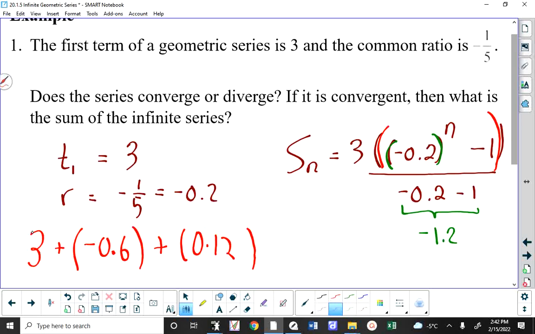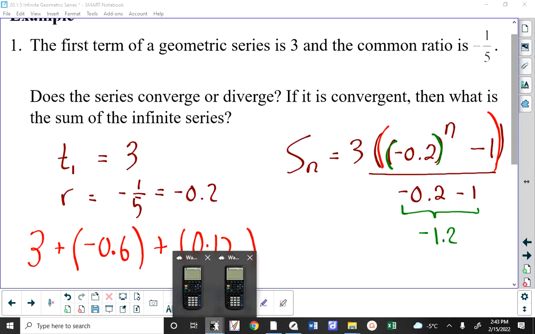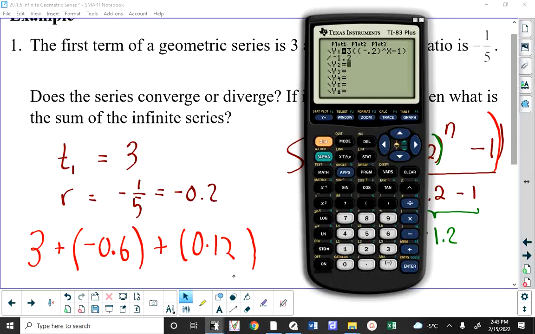So do me a favor and just ask yourself, what is 3 plus negative 0.6? That would be S2. It's 2.4, right? So if I've entered this correctly, when I go to my table at n equals 2, I should get 2.4, the sum of the first two terms. Again, I'm going to start at 1 and go up by 1 automatically. Yep, it's working.